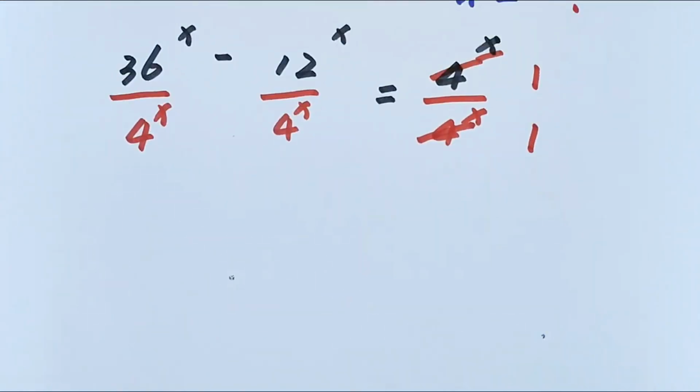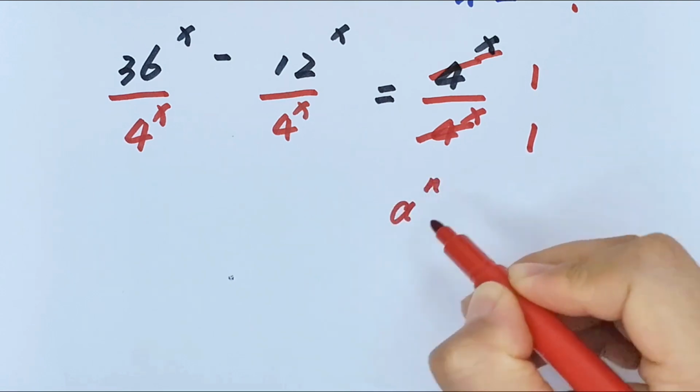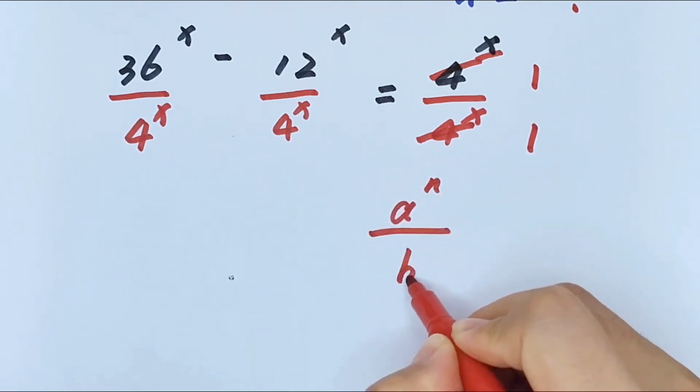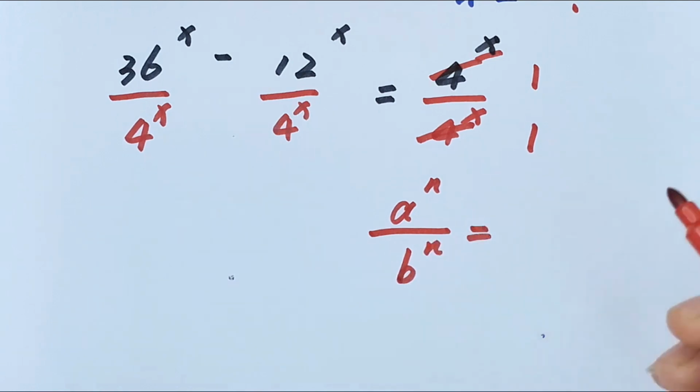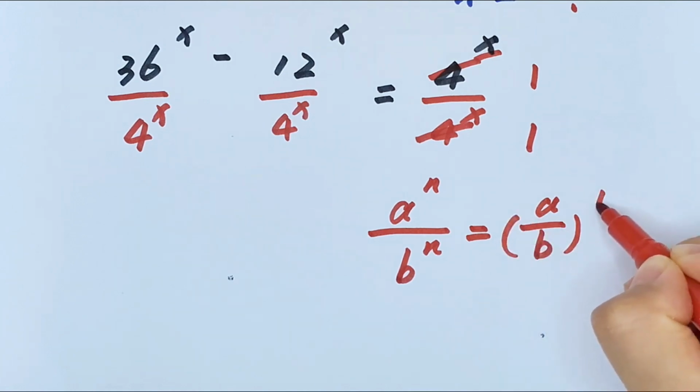Then we apply the formula that a to the power of n over b to the power of n equals (a over b) to the power of n.